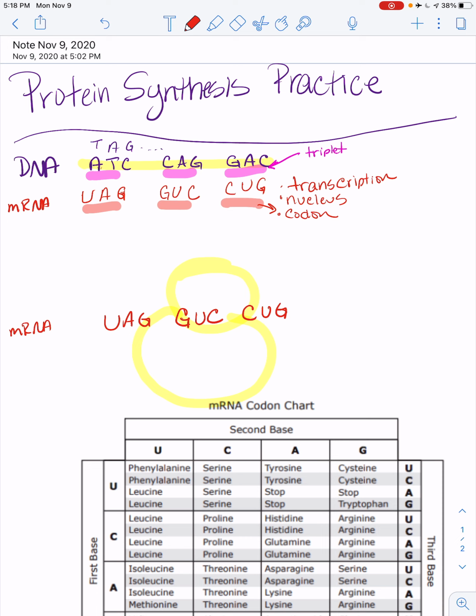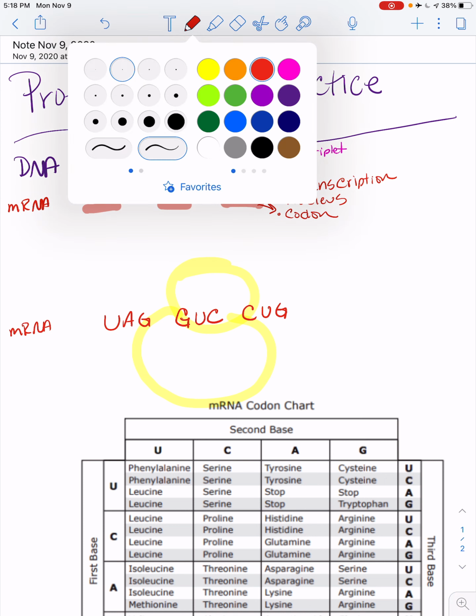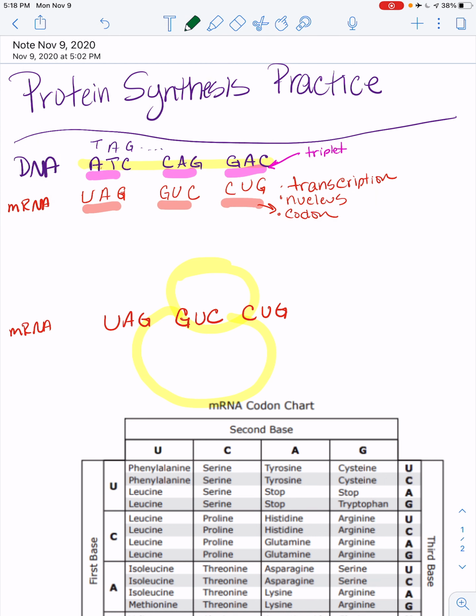All right, so the next part of this is translation. Let's go with green. Okay, so the next part of this is translation, and a tRNA is going to bring down a specific amino acid based on the codon.